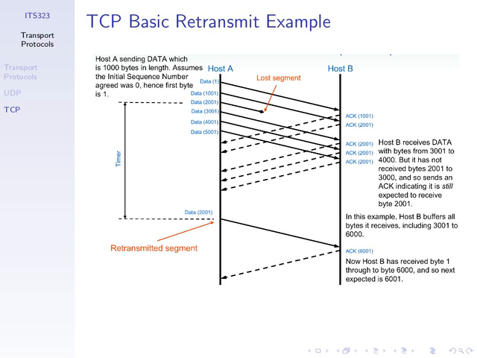In the meantime, at host A, remember, after transmitting a data segment, you start a timer and you wait for an ACK for that data segment. When we sent the first segment, we started a timer. Let's say it's a long timeout period. We sent the first segment from sequence numbers 1 up to 1000.